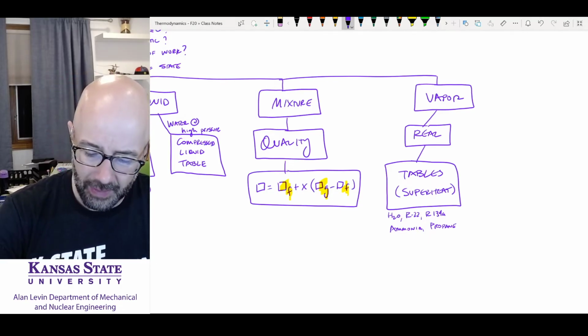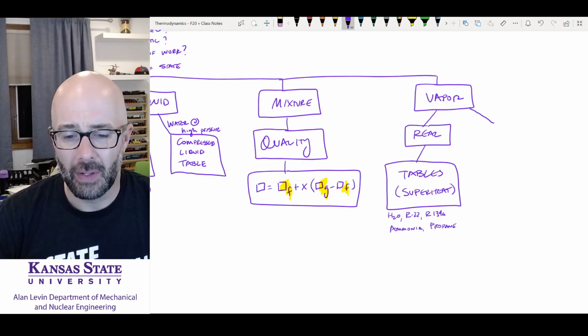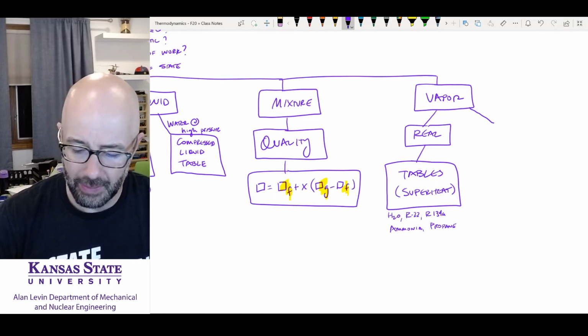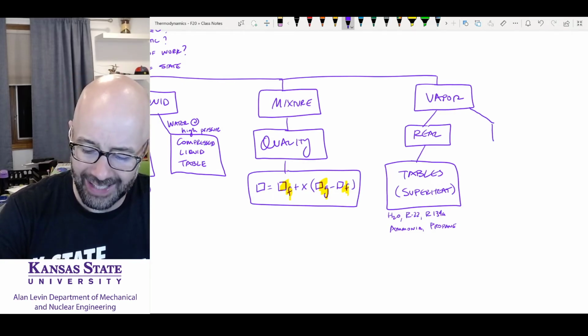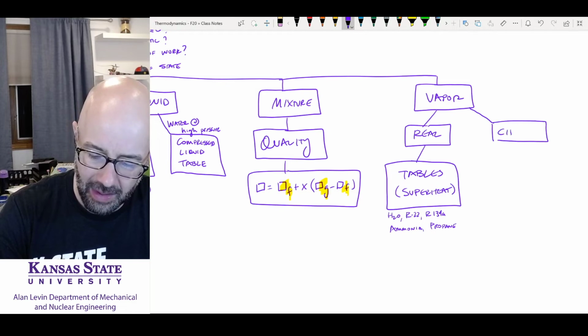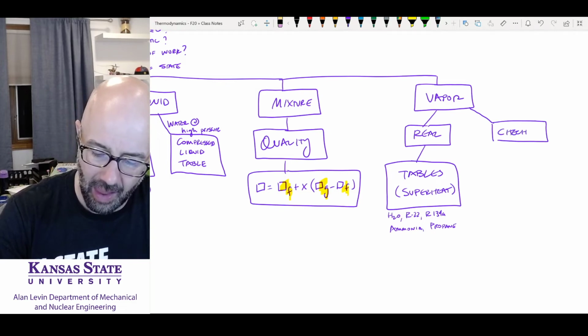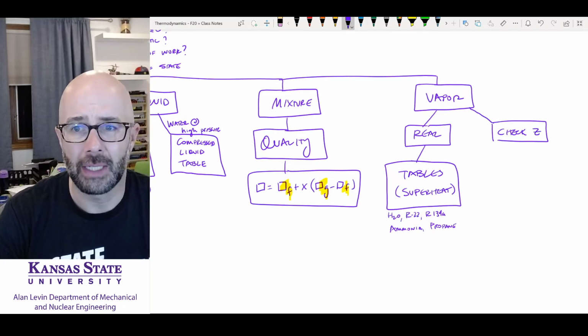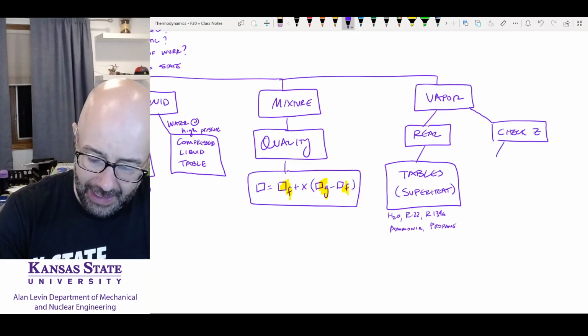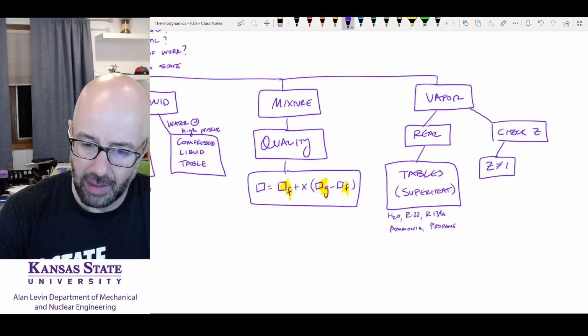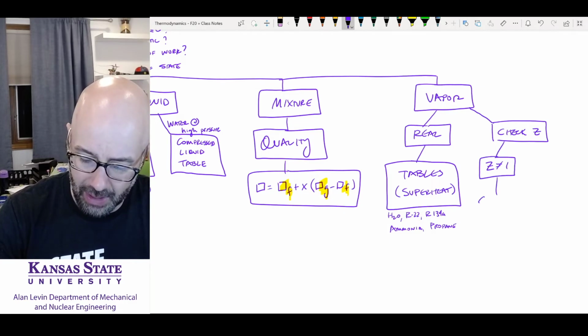Now over here, if it's not a real gas, we can say, let's check Z. So we can do generalized compressibility. If Z does not equal 1, we can just use that generalized compressibility chart.